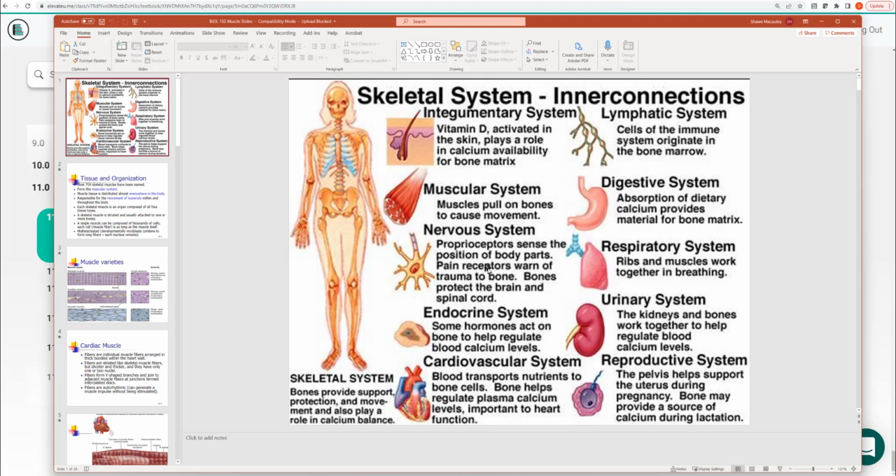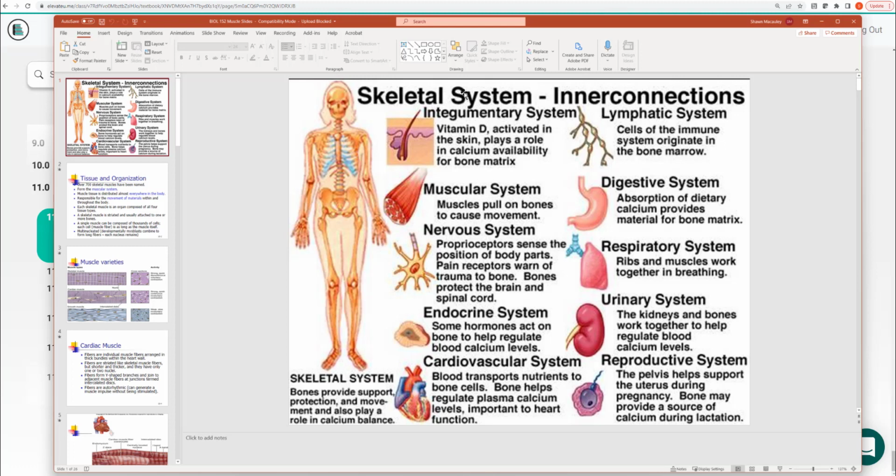The nervous system. I've already told you that there are nerves traveling through your bones, and you also know, for example, that your cranium protects your brain, or that your rib cage protects your heart and lungs. So there's definitely a lot of connections between the skeletal system and the nervous system. Cardiovascular system, again, the heart is protected by the rib cage and the sternum, but also remember that inside your bones is where you are making blood cells.